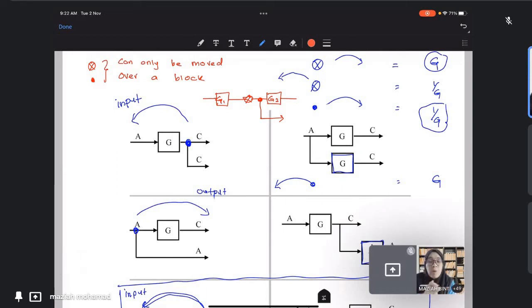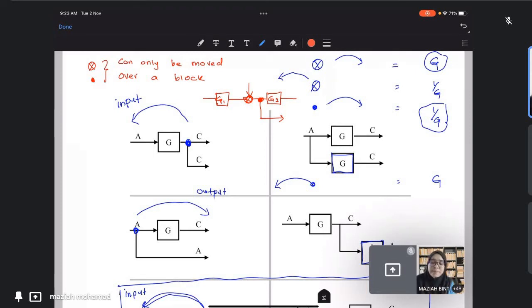However, due to the summation point here and also the pick-off point here, we cannot combine G1 and G2. Therefore we will need to move the pick-off point and the summation point first.